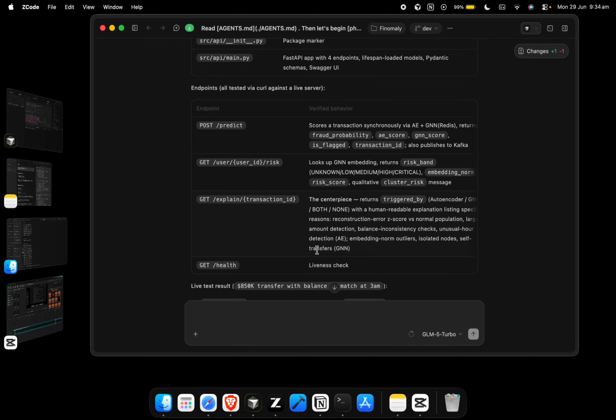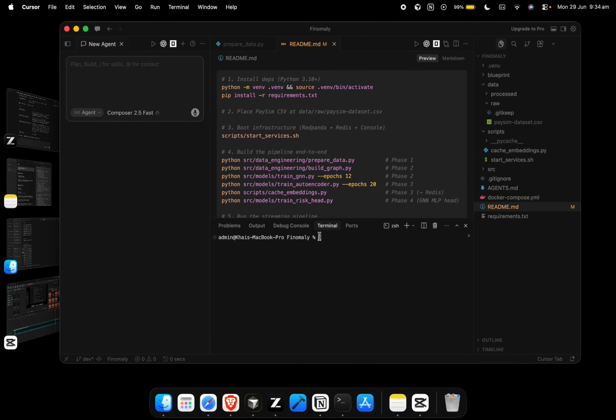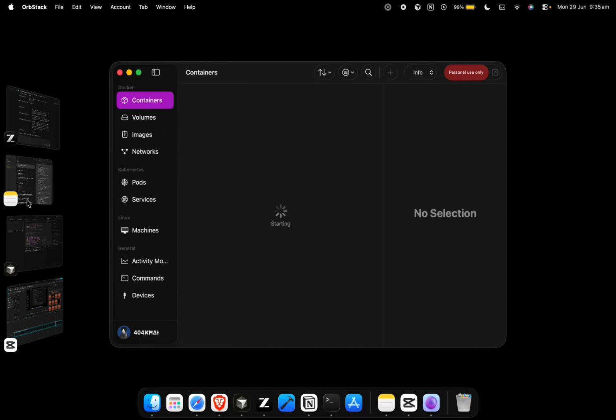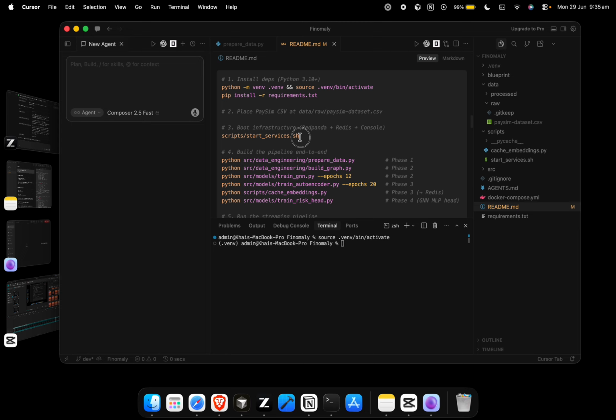So now I'm going to be starting up the project to test these endpoints. First, activate our virtual environment, and then OrbStack, that's my Docker. Then we boot up infrastructure.